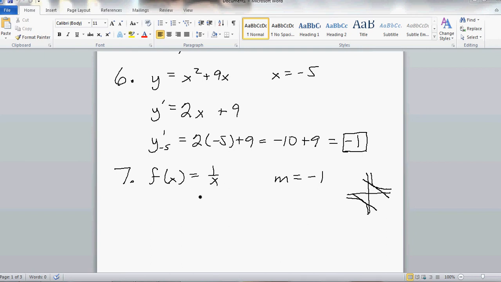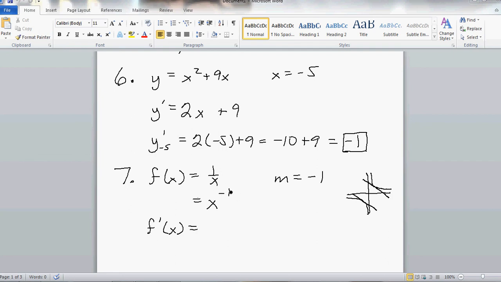Now the first thing we need to do, since this x is in the denominator, is to rewrite this in a user-friendly form. So 1 over x is x to the negative first power. This is algebra 2. Okay, so we've got f of x equals x to the negative 1, and now we're ready to find the derivative, because this is a much more user-friendly version.